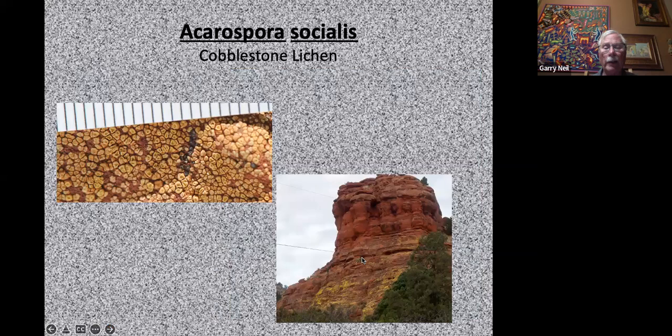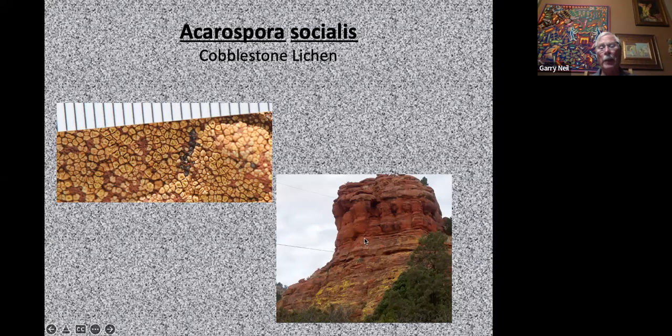Okay, when you look at the side of a cliff, you see yellow all over the place, right? That is Acarospora socialis. What you're seeing are millions and millions of crustose lichens, all growing adjacent to each other, and they form this huge growth.